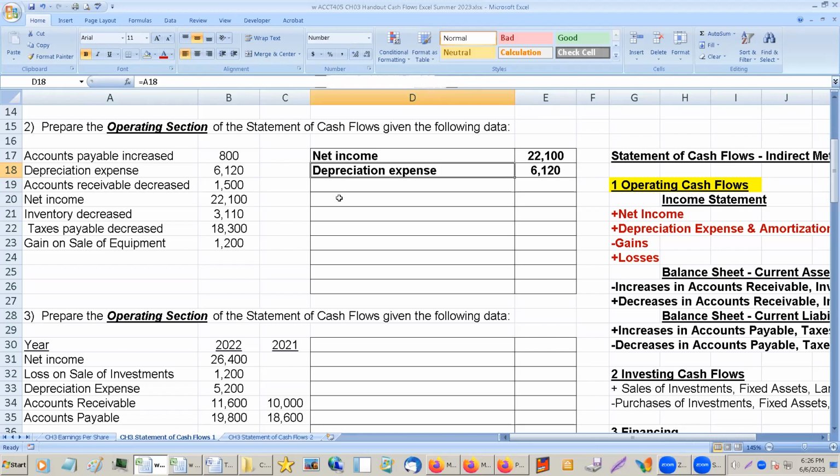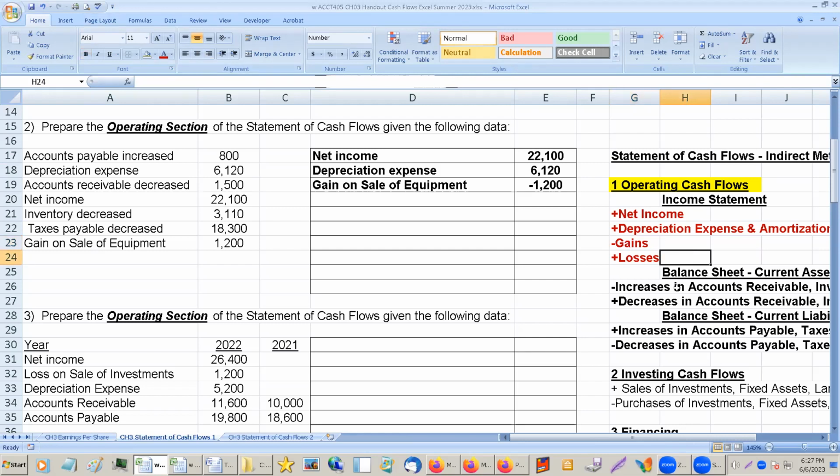Okay, now comes the weird one. Gain on sale of equipment. Okay, this gets subtracted, and I'll tell you why in a second. If you look over here, you see they subtract out gains. You say, well, why do you subtract out gains?